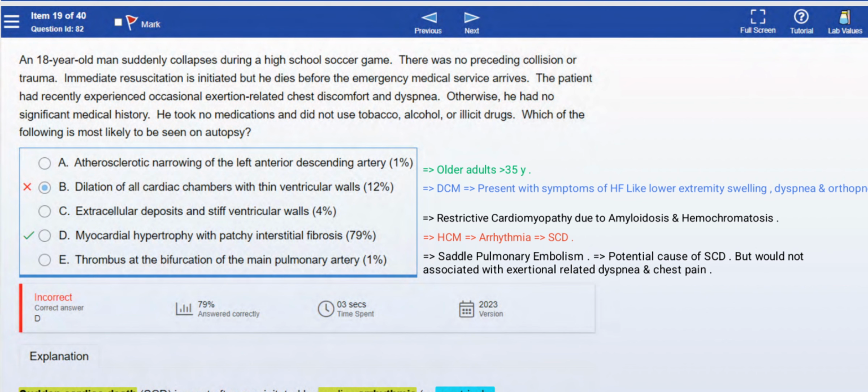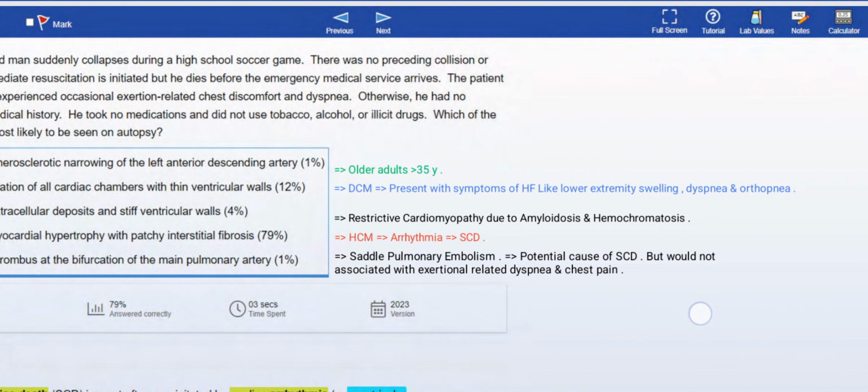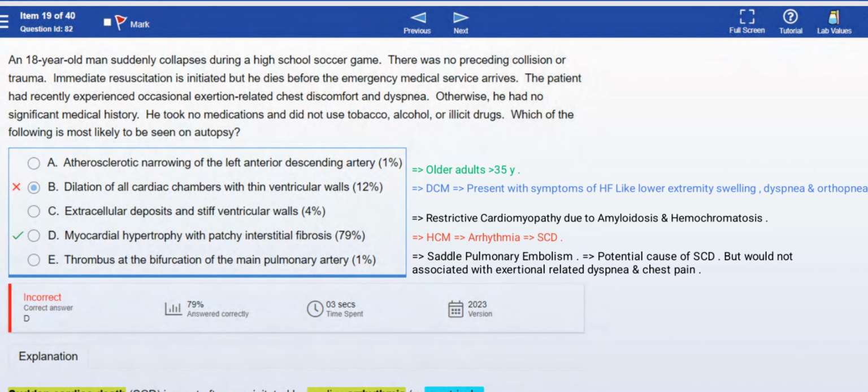Because this is associated with dilated cardiomyopathy, which presents with symptoms of heart failure like lower extremity swelling, dyspnea, and orthopnea. Why not option C, extracellular deposits and stiff ventricular walls? This is associated with restrictive cardiomyopathy due to amyloidosis and hemochromatosis.